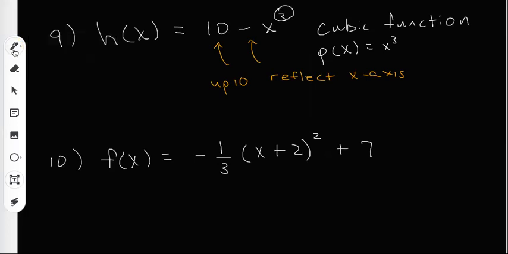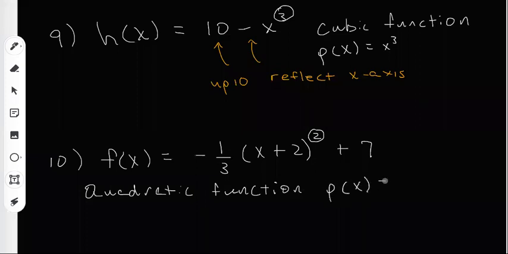Number 10, there's a whole lot of stuff going on, but since the highest exponent is 2, that's going to be the quadratic function. The simplest form of the quadratic function is p of x equals x squared, where p just stands for parent.